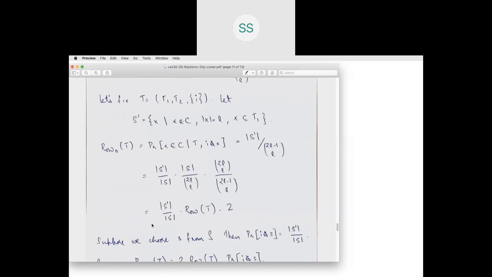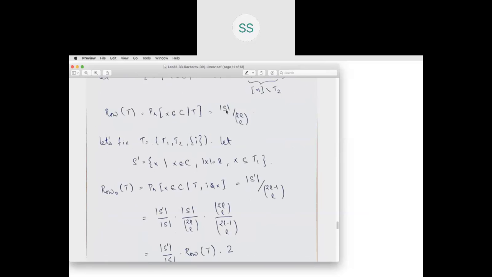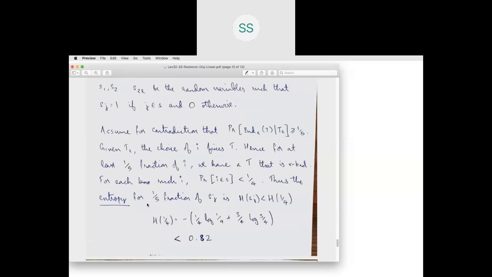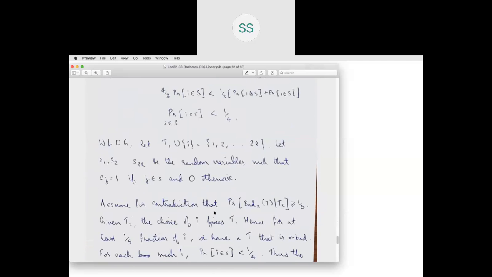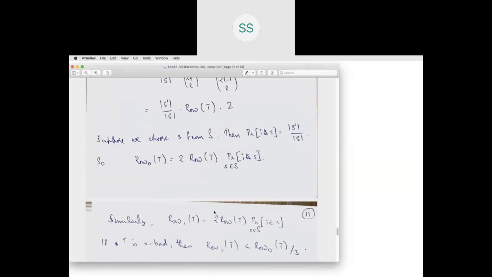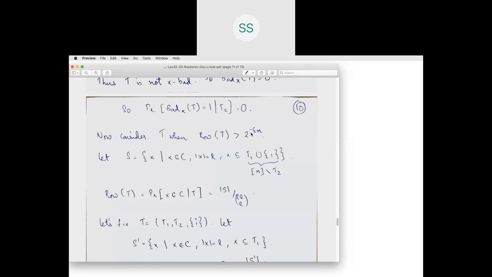You remember, we showed that the size of capital S, the set of all such possible vectors, is given by 2L choose L times rho t. And we know that we are in the case when rho t is at least 2 power minus delta n.